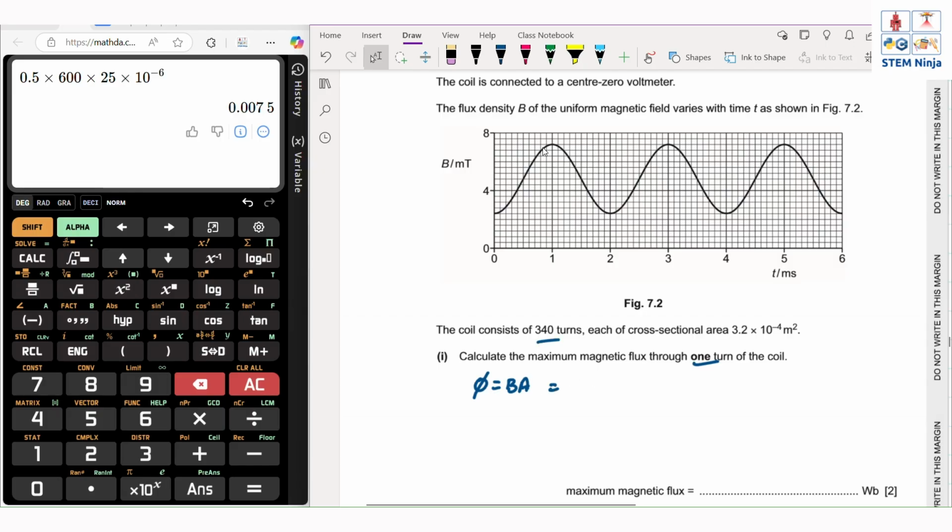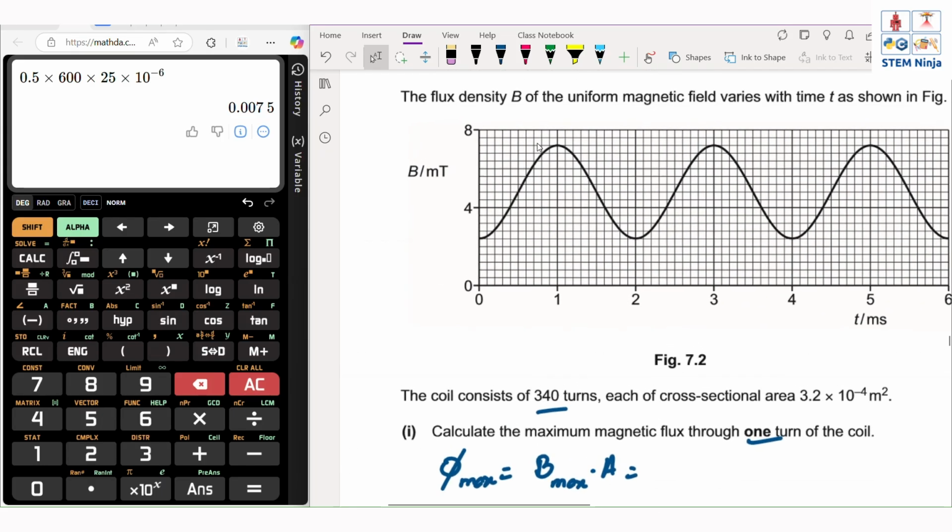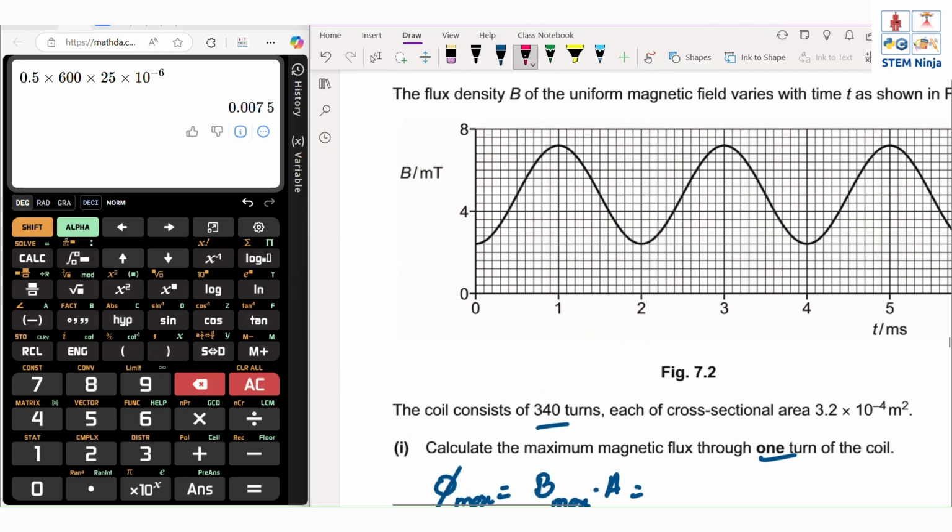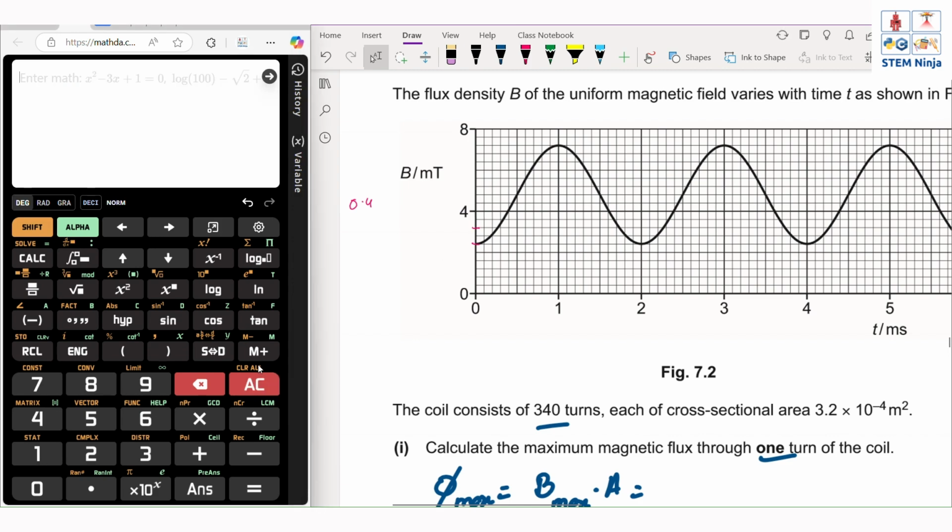So in this case, phi max will come from B max times A. So B max is, okay, let's see what the resolution is. So 4 divided into 10, so 0.4, which means that this is 1.6.